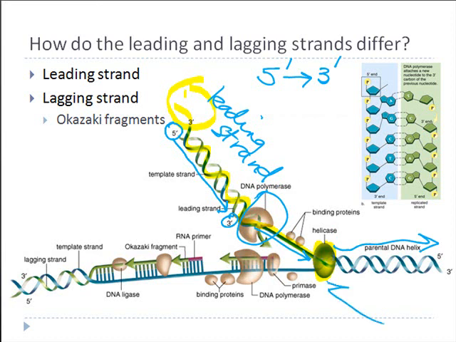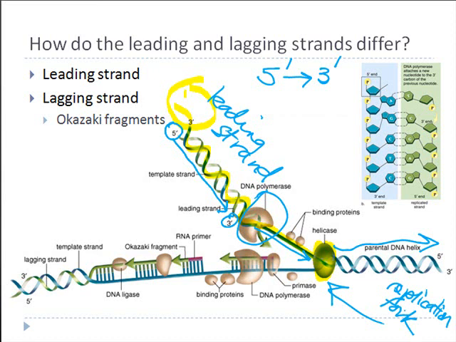And this place here where we get the V, where the two parent strands split apart, is called the replication fork. So in this case, DNA polymerase on the leading strand can simply keep moving towards the replication fork as helicase continues to unwind more DNA. So it can just continuously synthesize a new copy of DNA.